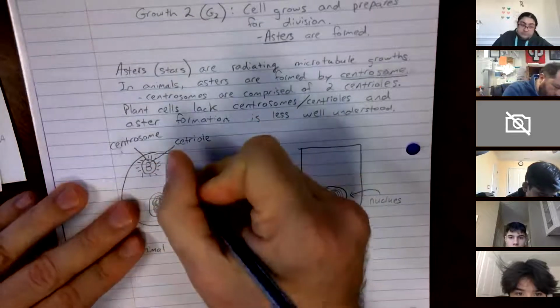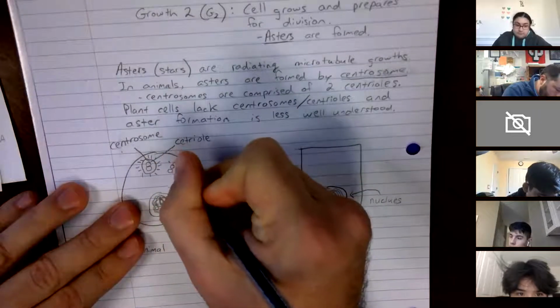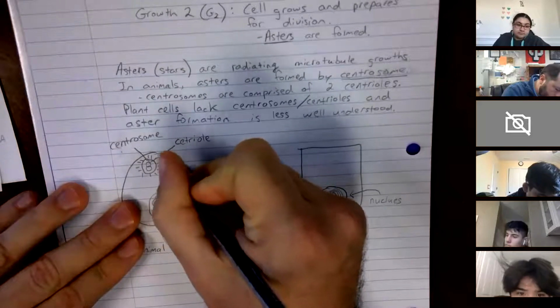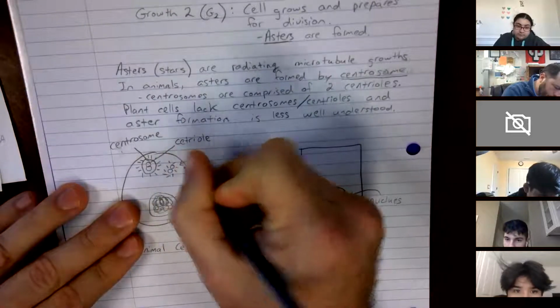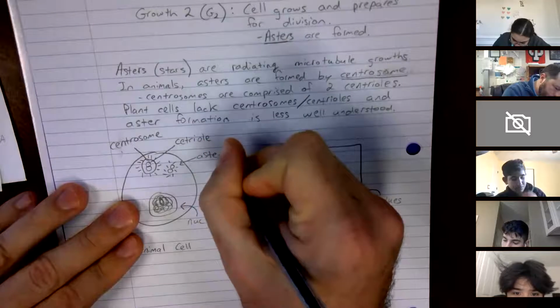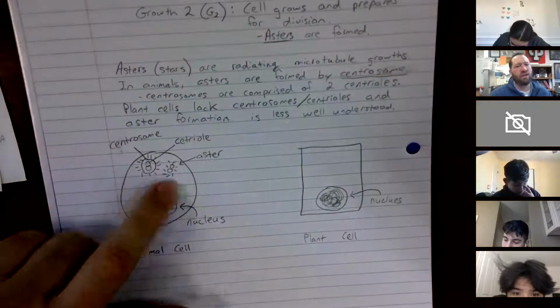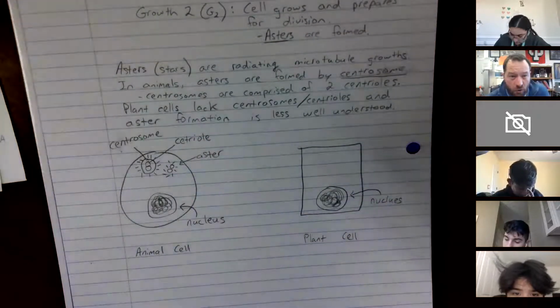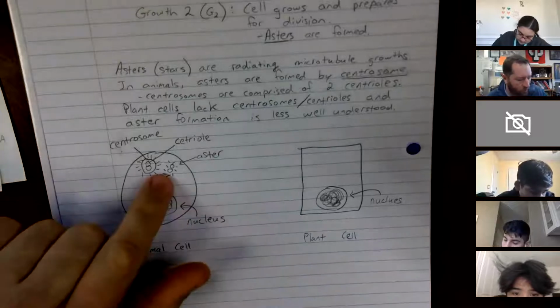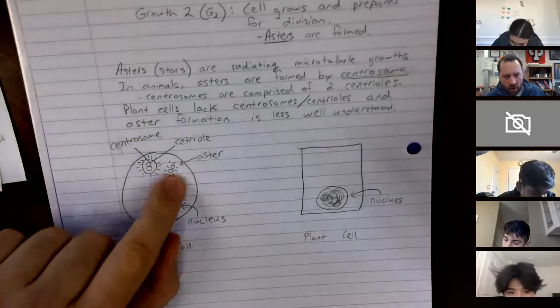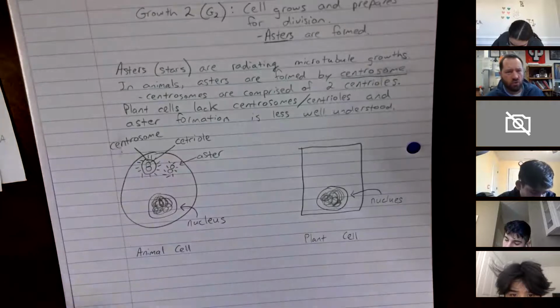Now we're actually going to have a pair of these. We're going to have two of them. That's our aster. Again, you can see why it looks like a star. We've got these little microtubules that are starting to grow out from these centrioles.